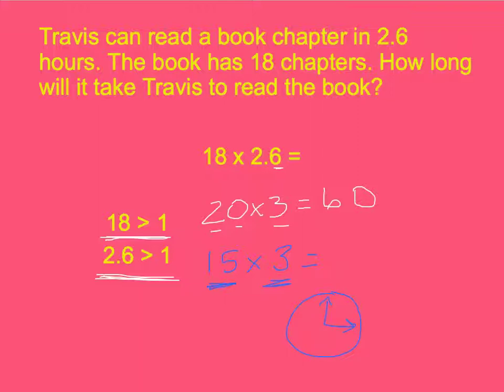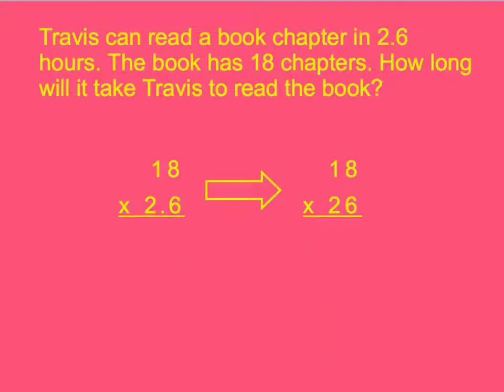You can think of this as 2 15s, two groups of 15, and this as 3. So my answer for this estimate is going to be 45. Using compatible numbers, I'm going to get approximately 45 hours, versus my estimate using rounding.